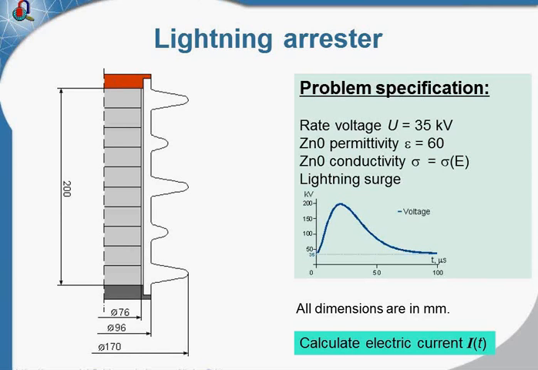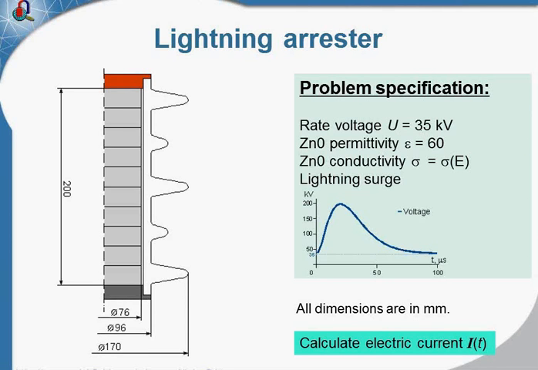The lightning arrestor is used to protect the insulation and the conductors from the damaging effects of the lightning. The arrestor has two terminals, the ground terminal and the high voltage terminal. The nominal voltage rate is 35 kilovolts.